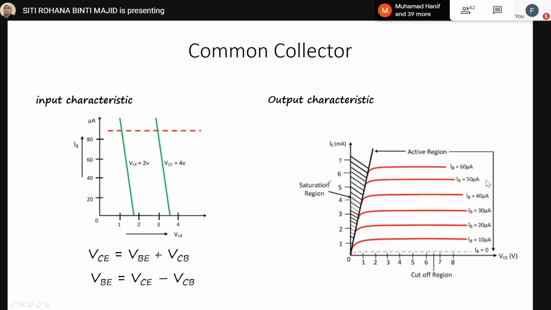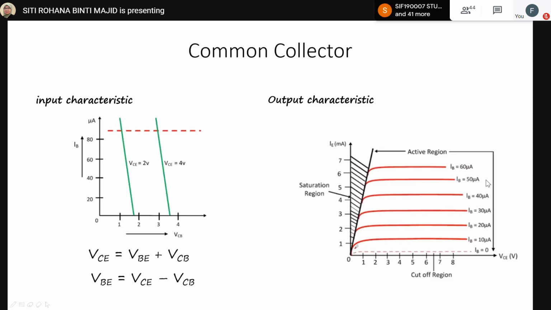But you should notice there is a saturation region, because both input and output loops are in forward bias, so there are a lot of charge carriers there, which we call the saturation region.